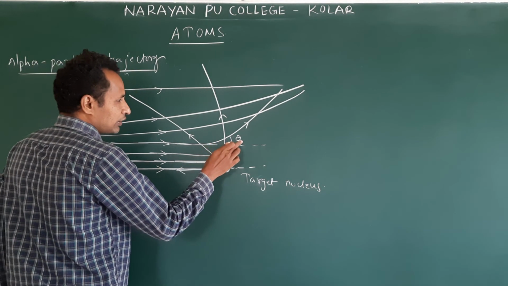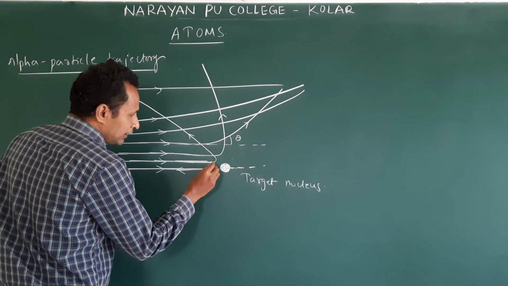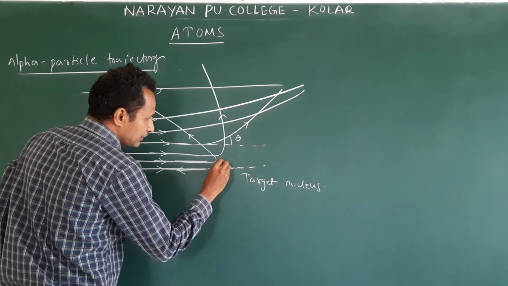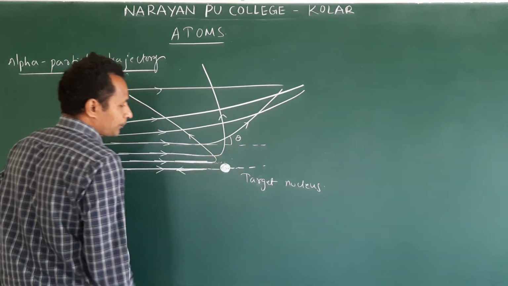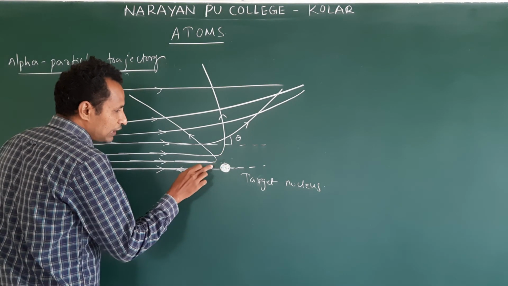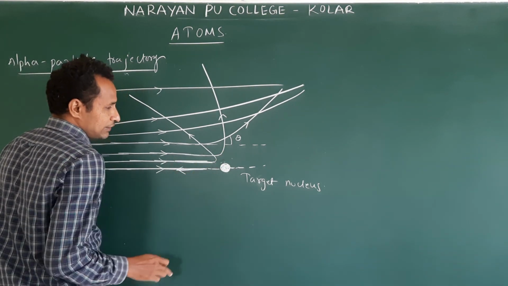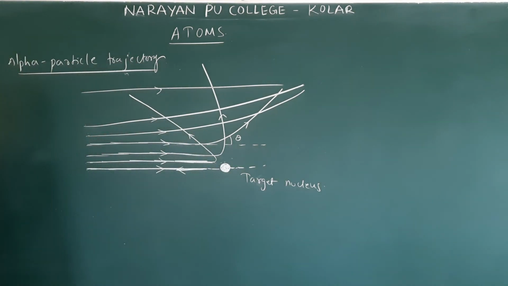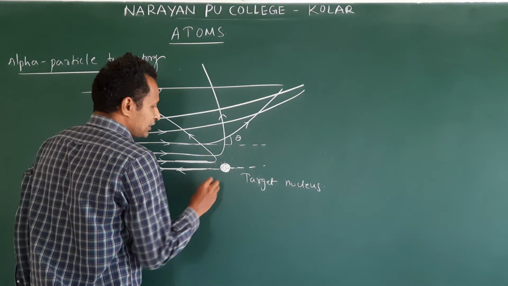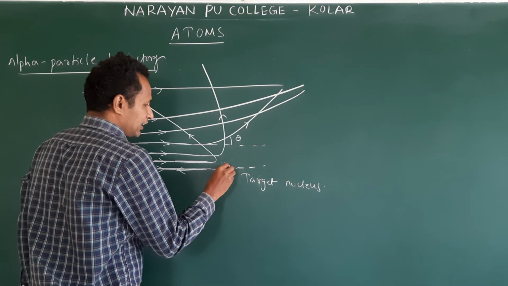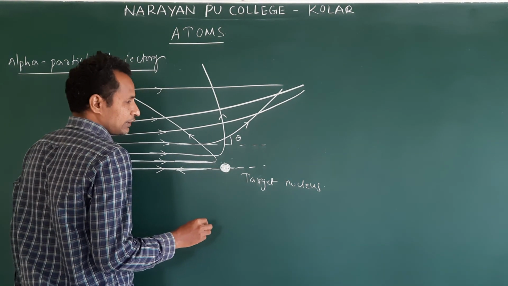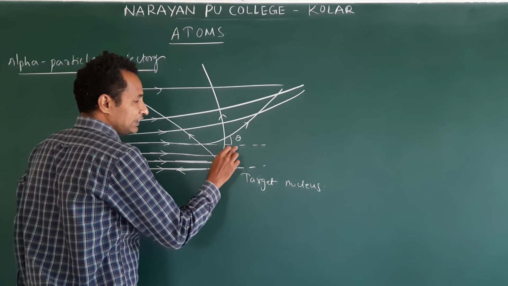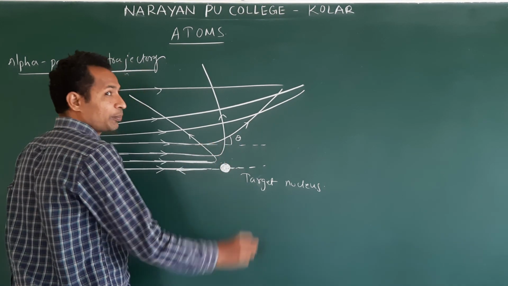No, let's see. When the incident angle, see this, the rays which fall close to the nucleus are scattered more. So this we call the distance between the center of the nucleus and the direction of the initial velocity of the alpha particle.